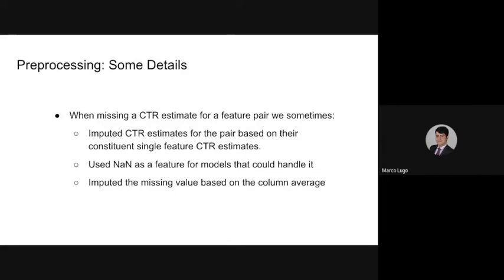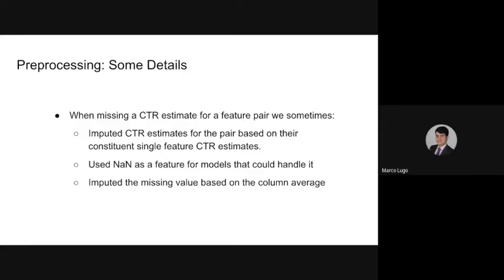Now, we did take a few approaches when the CTR estimate was missing because one of the necessary inputs to compute it was missing. So when the model could handle missing values, for example, gradient boosted decision trees, we did let them go through, as that could provide useful information by itself.